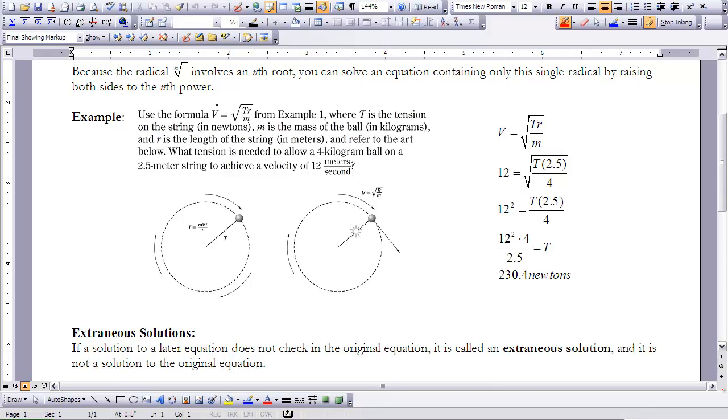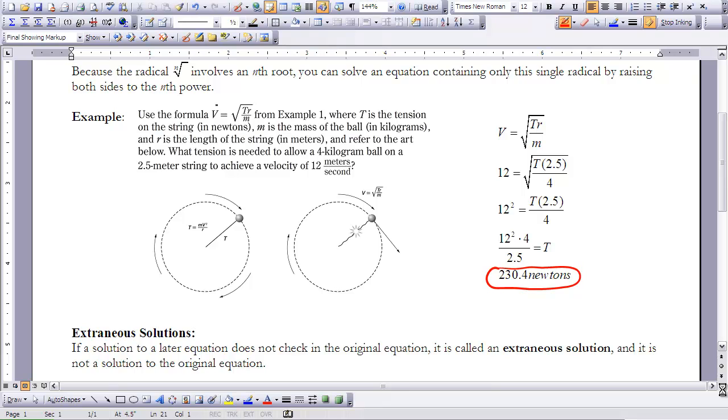So when we do that, we end up with 12 squared on the left, and the radical is now gone, so that leaves us with T times 2.5 all over 4. I can multiply both sides by 4 and divide both sides by 2.5, and that leaves me with T alone. So if I take 12 squared times 4 divided by 2.5, that leaves me with 230.4 newtons.